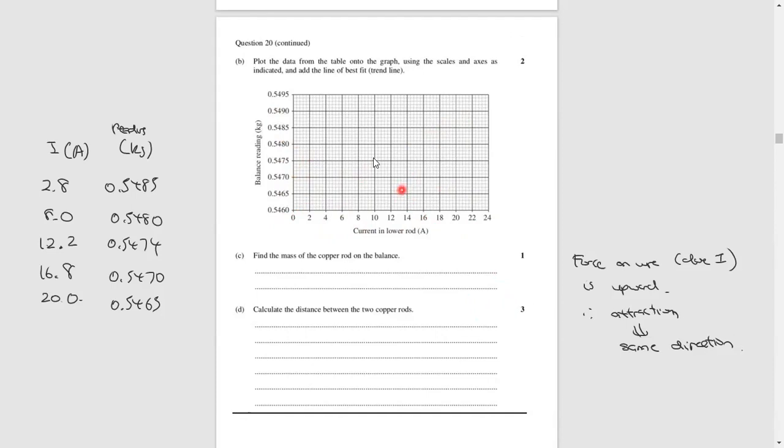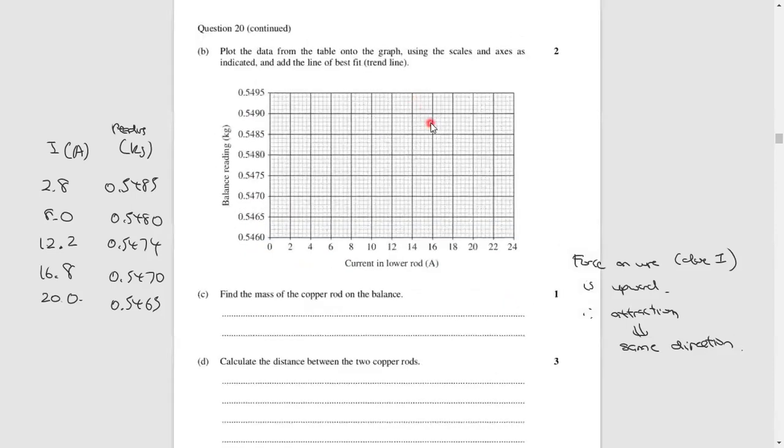So we need to plot it. Let's magnify that a little. And with plotting, remember as well that you're going to use crosses or dots with circles around them. In this case, we've got a current of 2.8, so it's going to be here, and it's 0.5485, which is going to be here. And then you've got 8.0, which is 0.548.